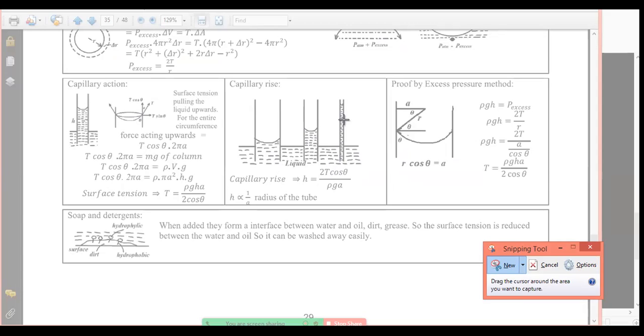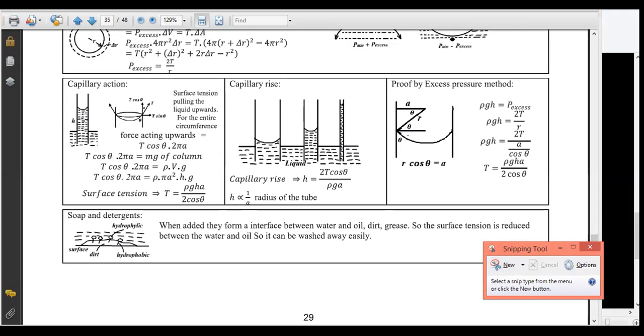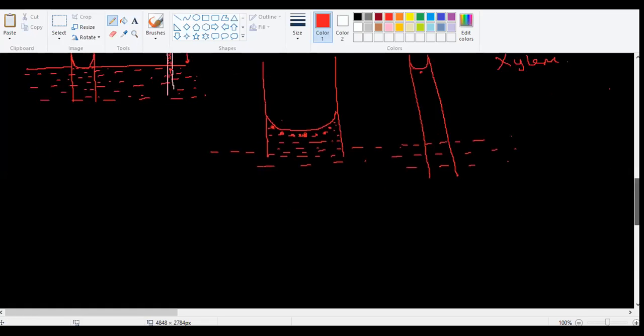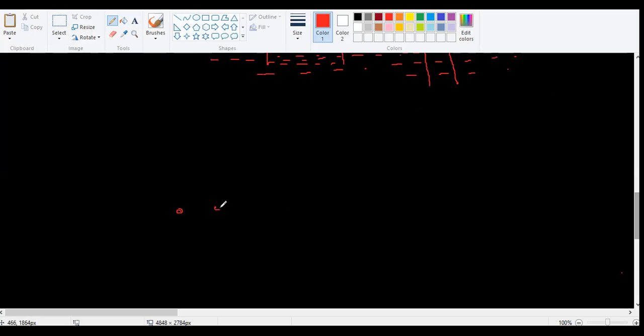One more thing I forgot to show was mercury. In the case of mercury, very interestingly, the mercury level will drop because it tries to go away from the glass, because it doesn't like glass. So maybe I can explain that one more time. Suppose I take mercury here, this is the mercury level.